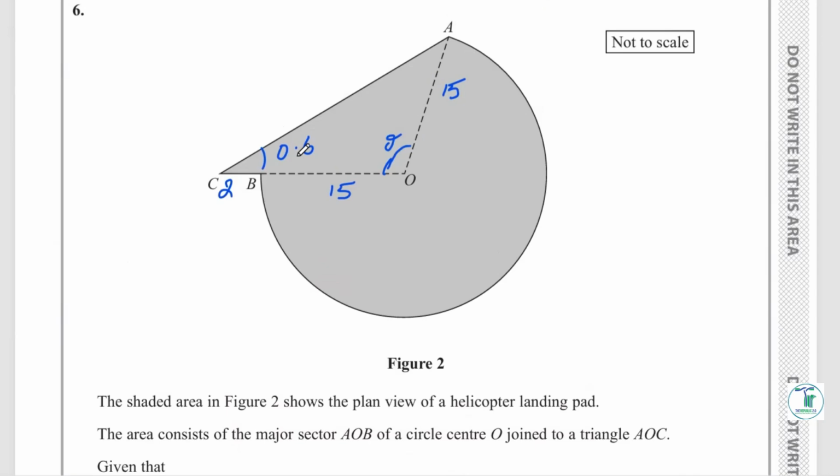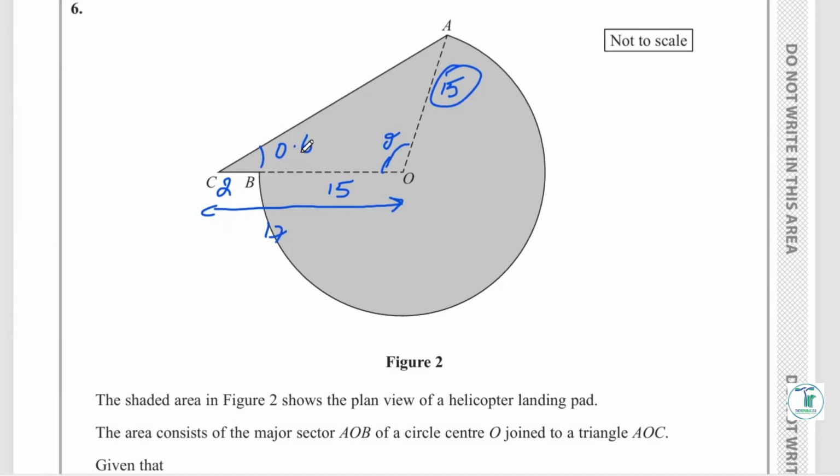You've got the 0.6, you've got the length of this side, which is 17, and the length of this side, which is 15. The opposite side of 0.6 is 15, and the opposite side of 17 is this angle. So first you'll calculate this angle, alpha, and then you'll get the angle at O by taking away both these angles from 180.